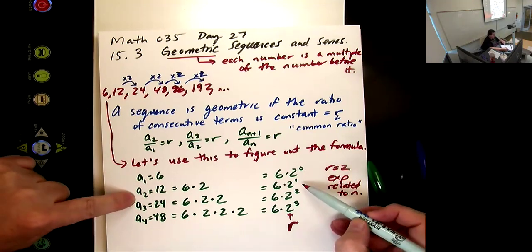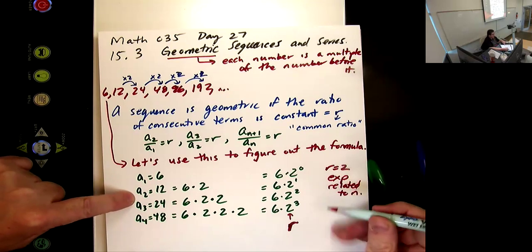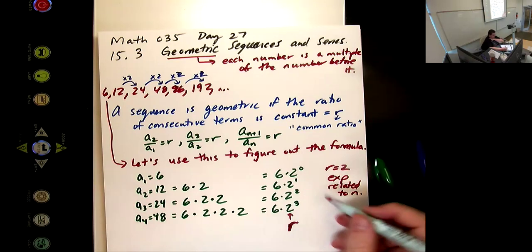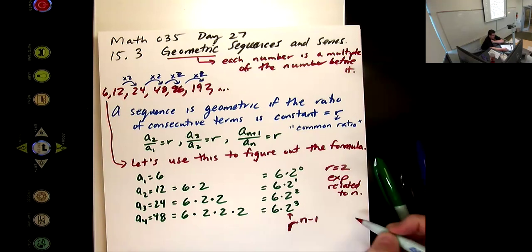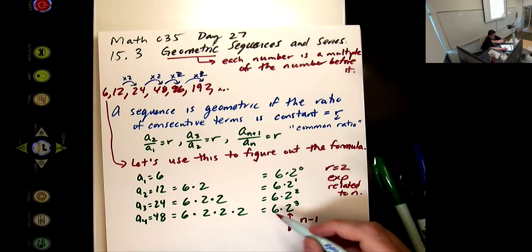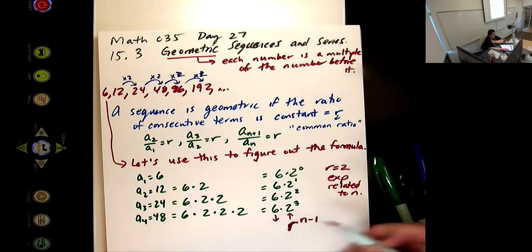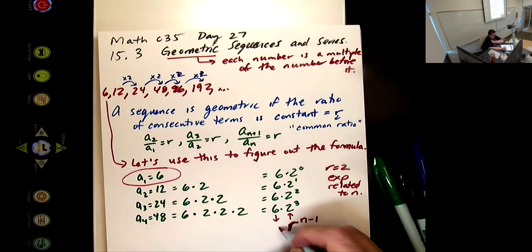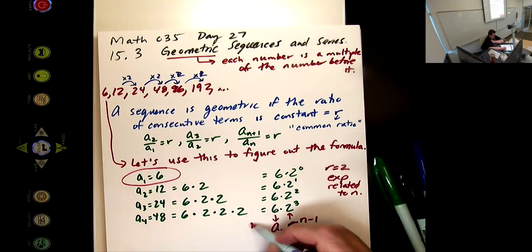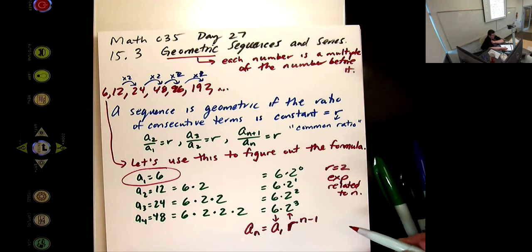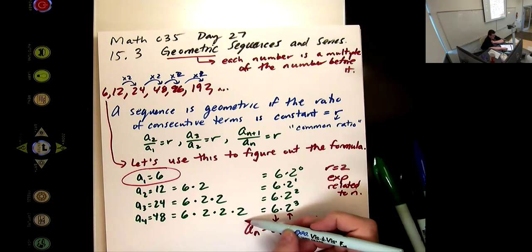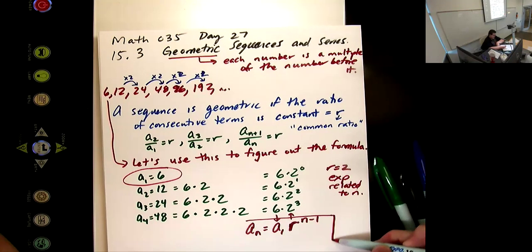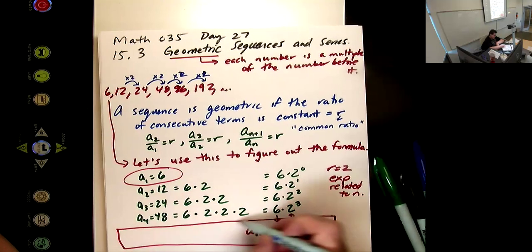When n is 2, we've got 1. Just like it was with the arithmetic, it's 1 lower. And what's the 6? A sub 1. So A sub n equals A sub 1 times R to the n minus 1. This is the formula for a geometric sequence.